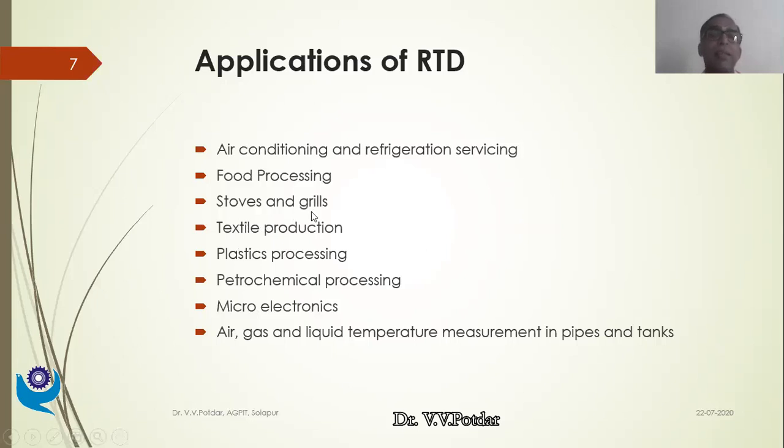Stoves and grills, maybe in commercial kitchens, stoves are there and grills are there. So there also we can make use of RTDs. Textile production industries, plastic processing industries, petrochemical processing, microelectronic industries, air, gas, and liquid temperature measurement in pipes and tanks. So these are a few application areas of resistance temperature detectors.